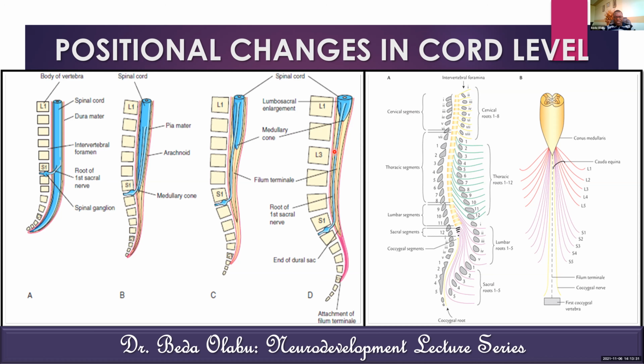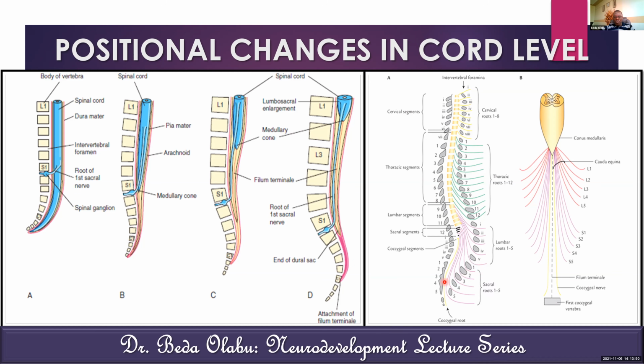Now, the imagination I've given you is that of just a single nerve root. Now imagine all the nerve roots below that region, L1, L2, L3, all the way to coccygeal 1. Imagine all of them, and they're all paired. How will that appear?